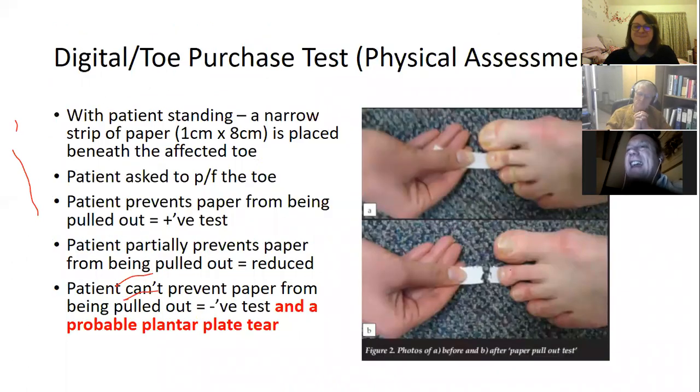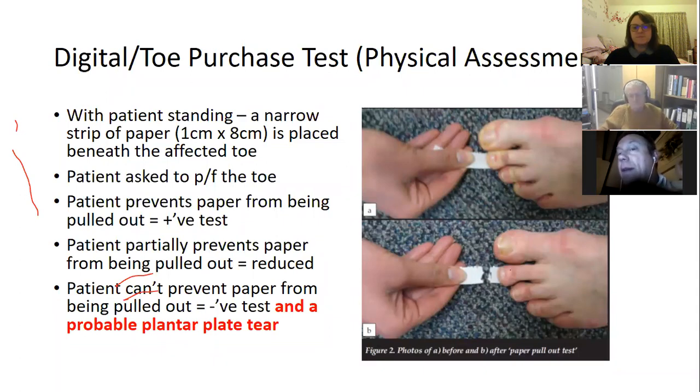Next slide, sorry. Here's another test, which is quite a good one actually. Remember we said we lose grip strength as that toe hammers. The extensor pulls up the toe, and the flexors have less power because the plantar plate through which they run is damaged, so you can't grip the ground as much. Here's a test you can do, particularly with the second toe, using a piece of paper.